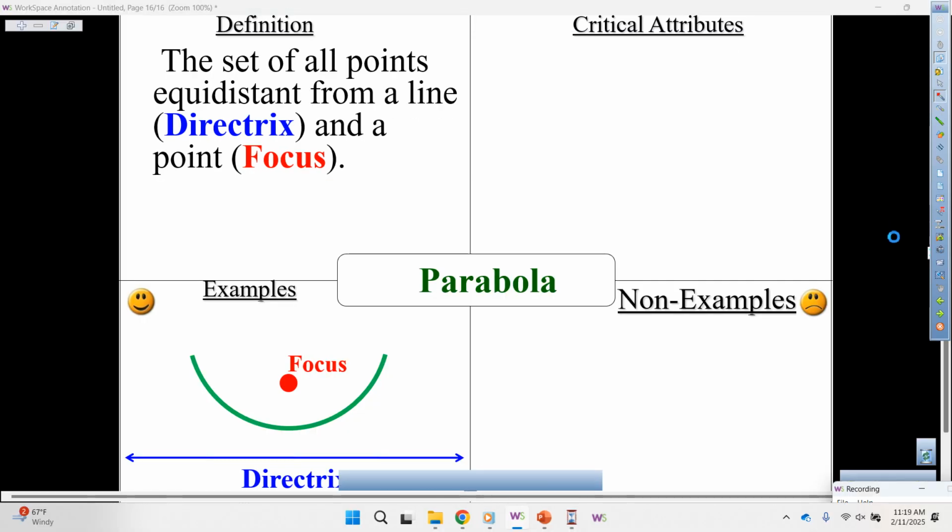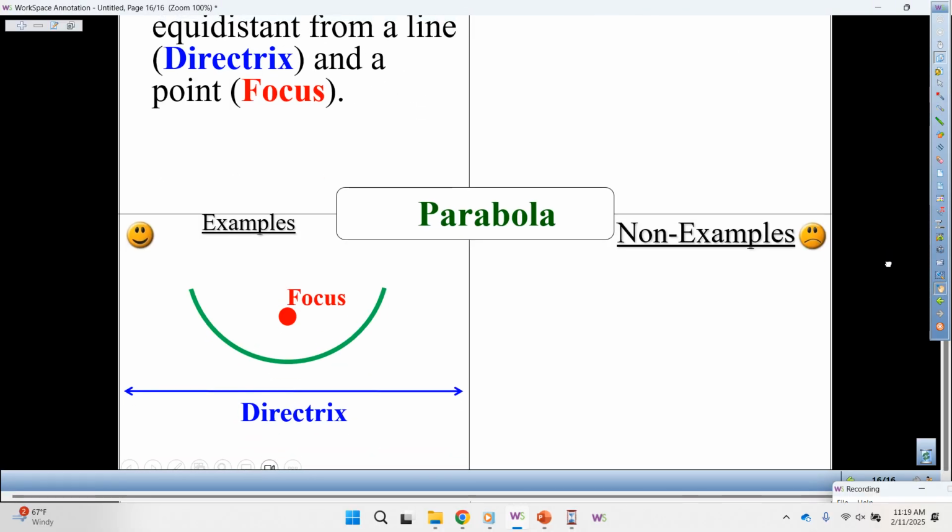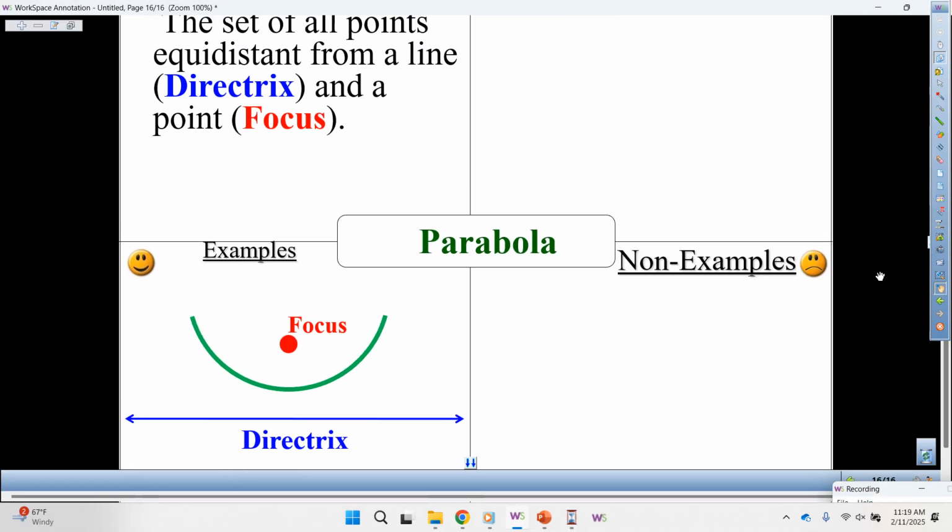All right. So, once again, the parabola is formed by equidistant points. What does that mean, Mr. Q? Look up, guys. That means that this distance is the same as this distance. Because it's what? Equidistant.